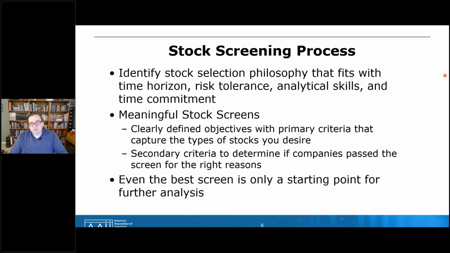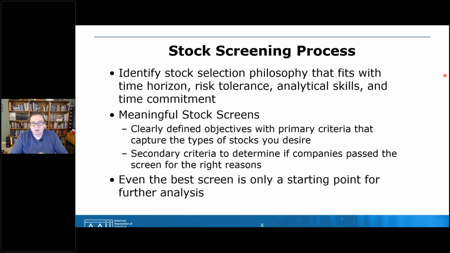If you're a bargain hunter, your primary criteria might be, give me all stocks with a PE below the industry norm. And that's going to give you your cheap stocks. You're going to want some secondary or conditioning criteria that say, yes, this stock is cheap, but it's not cheap because it's a bad stock. It's cheap perhaps because it's neglected. So you're going to look at some minimum level of growth, some profitability, or some financial strength.